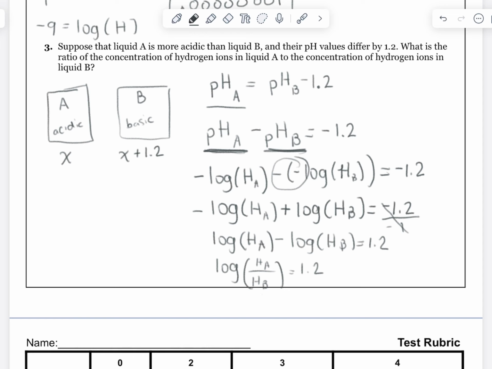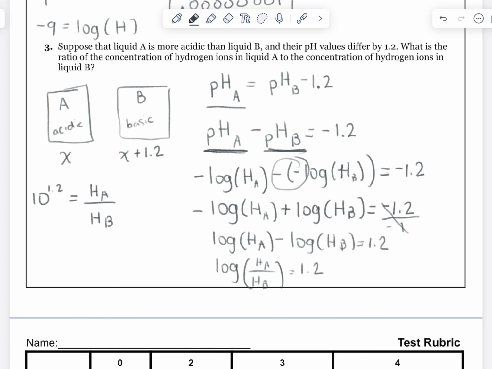Turn it into exponential form. 10 to the power of 1.2 is equal to H sub A over H sub B. Okay, what happens if we put 10 to the power of 1.2 in the calculator?